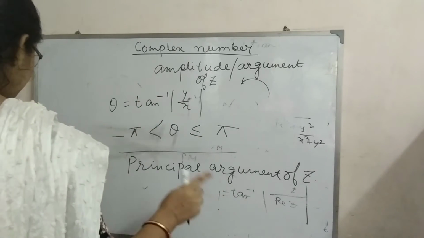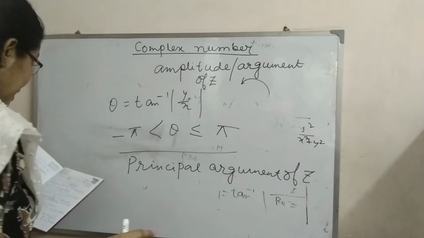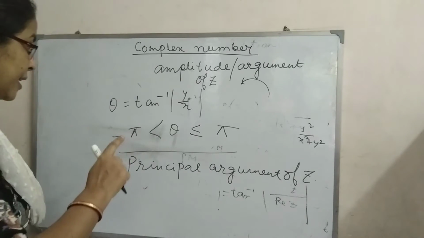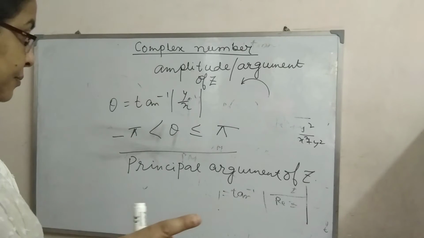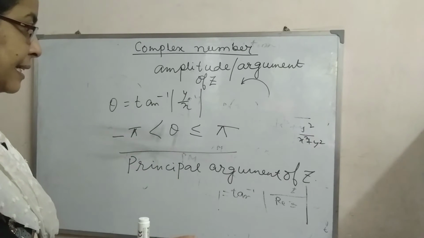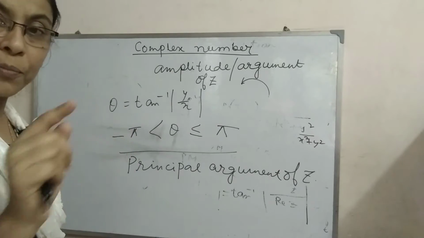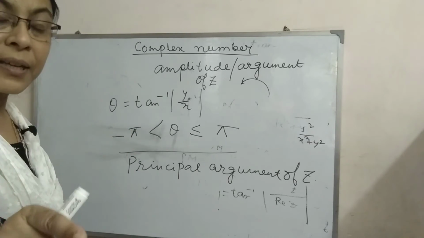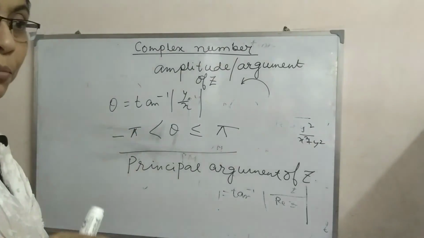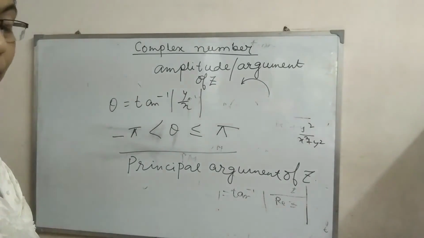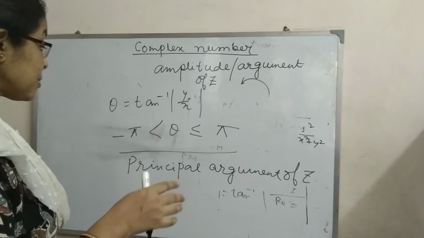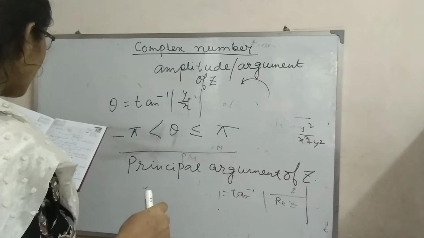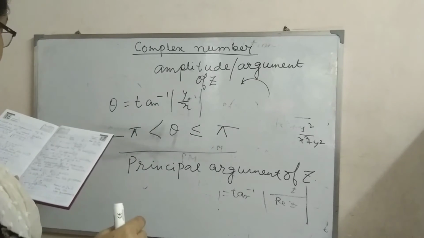The argument of z depends upon the quadrant in which the point P lies. You remember this thing, the argument of z depends upon the quadrant in which P lies.